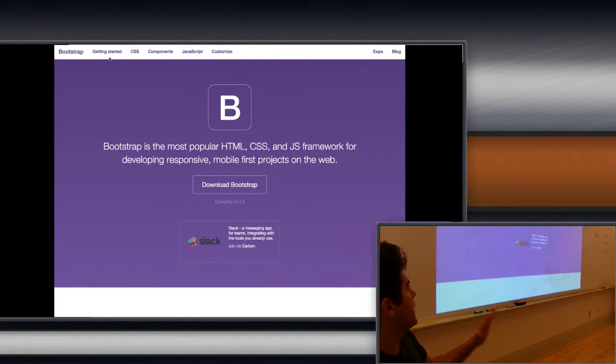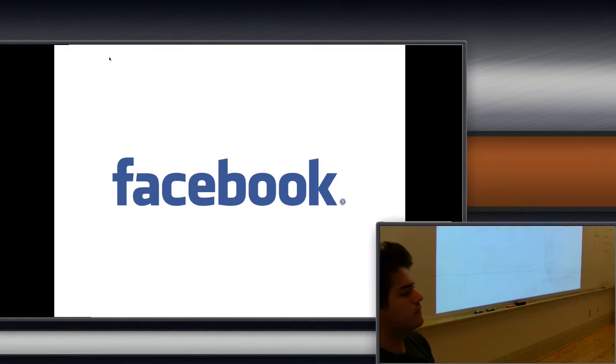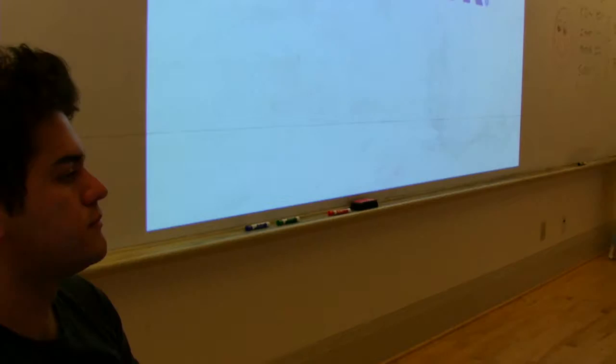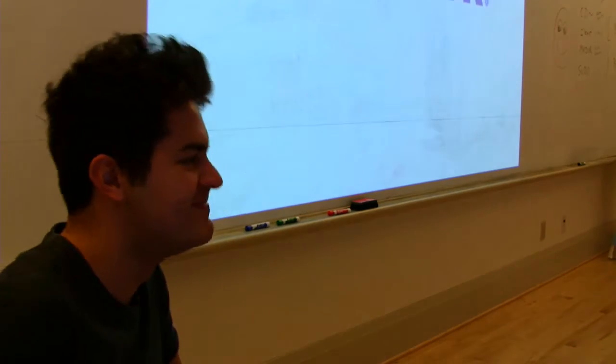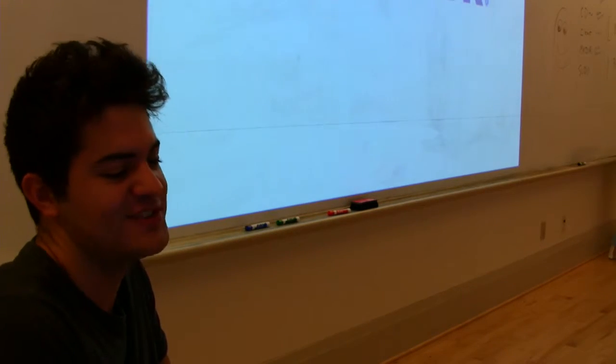But still, Bootstrap is extremely awesome, but you have those problems. I think that's an interesting commentary about humanity, that we'll take easy and pretty over quality. Yeah, that's true.